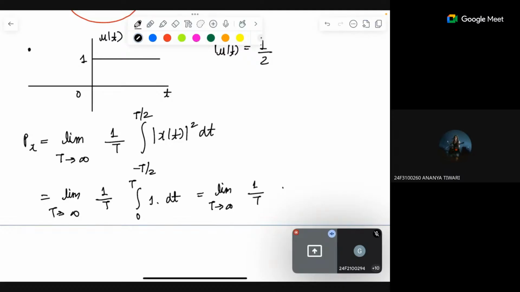I will integrate and I will get t here, right? Yes, ma'am. Not t, t by 2, I guess. Yeah, wait, I think I've made a mistake. The upper limit will be t by 2, same as in the expression. Yes. Thank you, Jay.